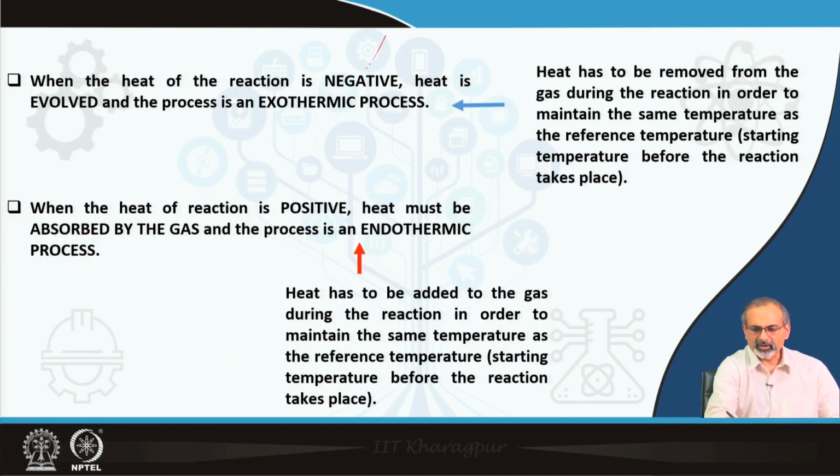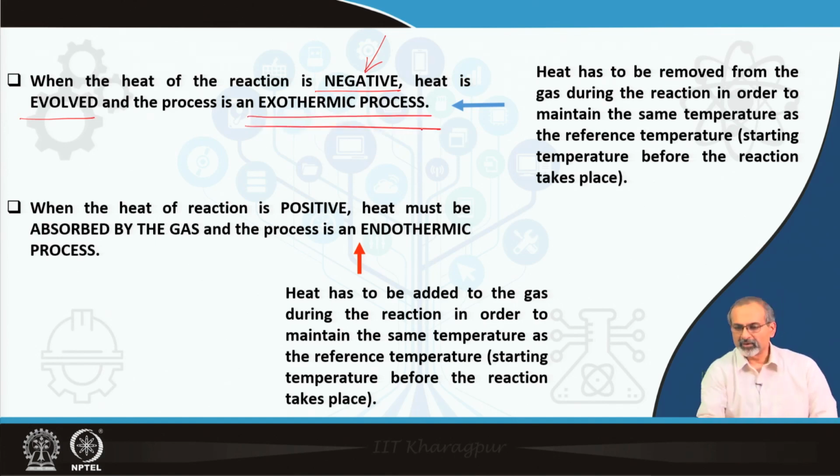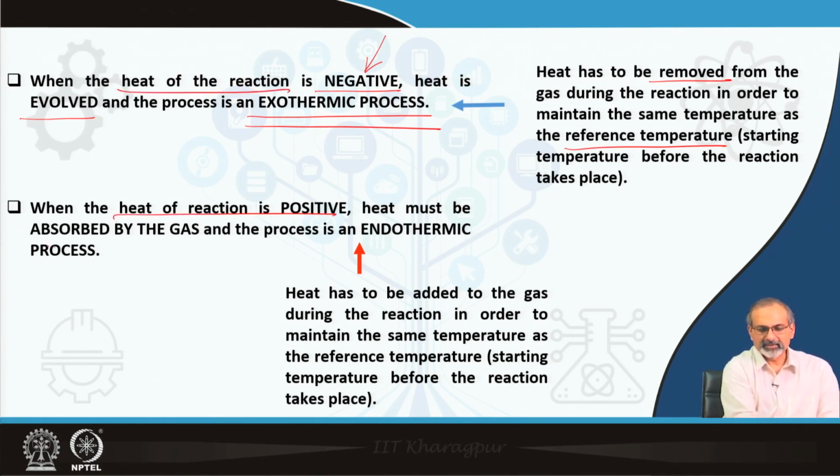One more important piece of information which we would like to once more emphasize is that when the heat of reaction is negative, heat is evolved out of the chemical reaction and it is an exothermic process. Therefore, you have to remove heat from the gas in order to maintain it at the reference temperature, while heat of reaction being positive means that heat must be absorbed by the gas because it is an endothermic process.